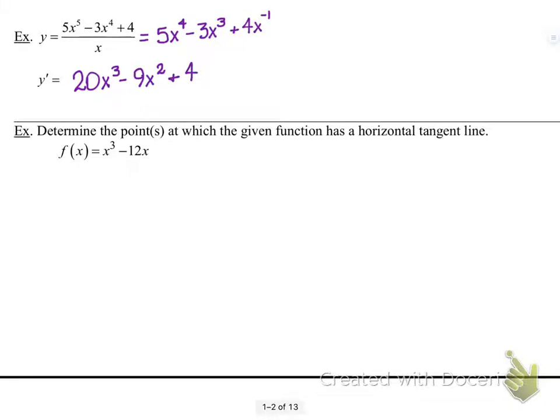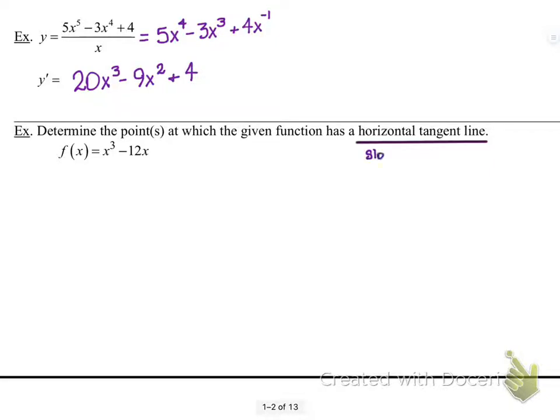Now, here we come. Determine the points at which the given function has a horizontal tangent line. Sorry about that weird question on the test. But in any case, a horizontal tangent line occurs when the slope is 0. So notate that somewhere in your brain.